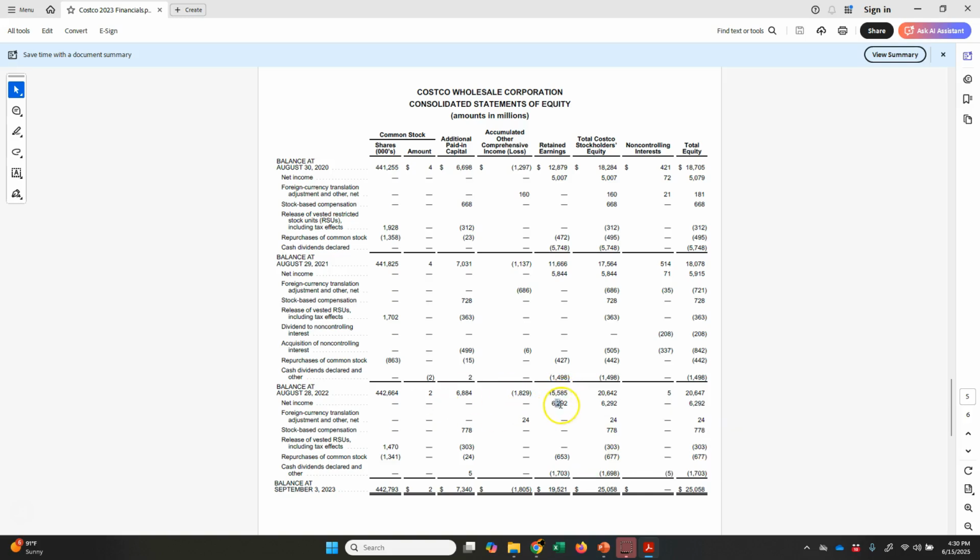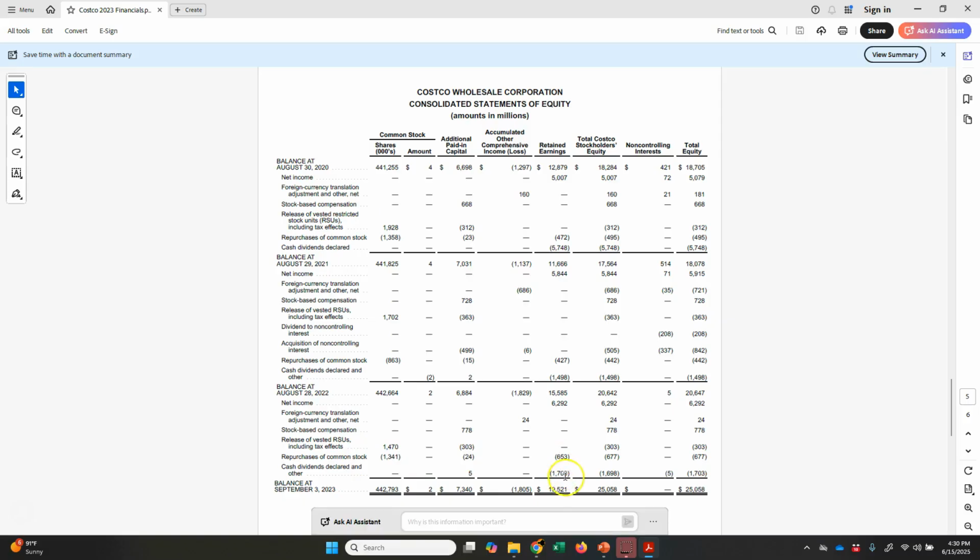We're adding in that net income. As we said, this is coming from that income statement that we saw, 6.29 billion. We then have dividends of 1.7 billion here. So you can see that they paid a dividend. And then they have this other form of dividend, again, which we're going to cover later in the class.